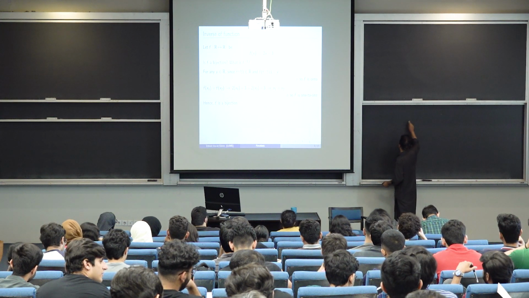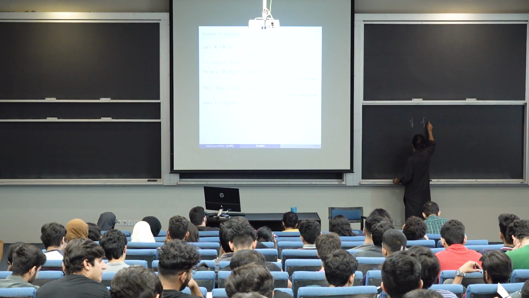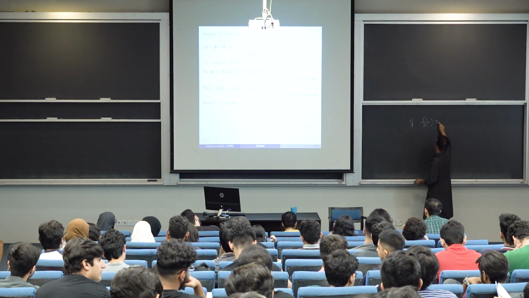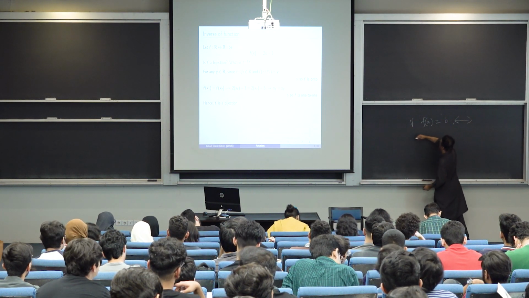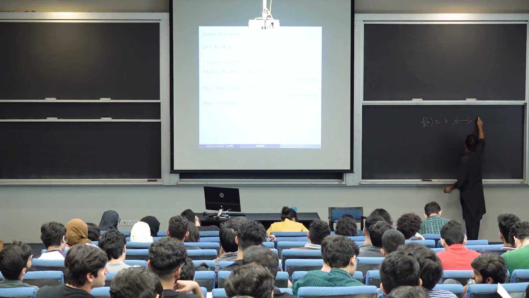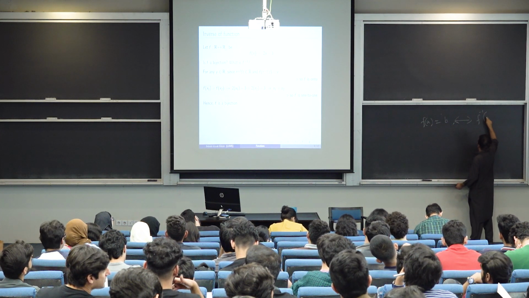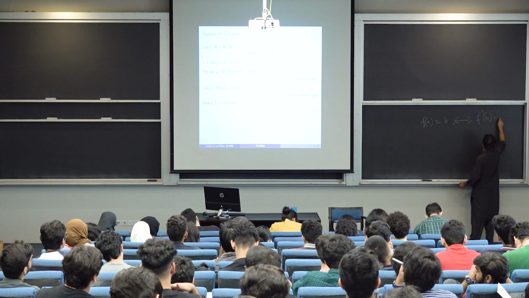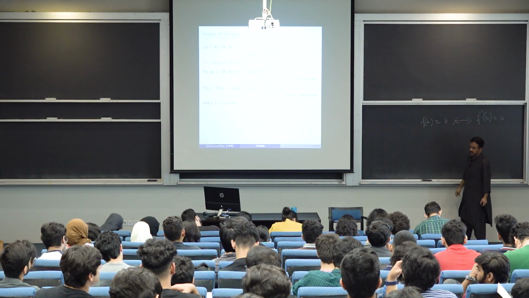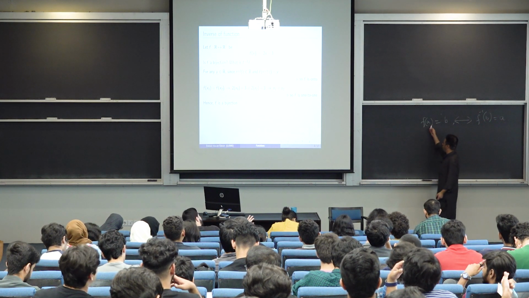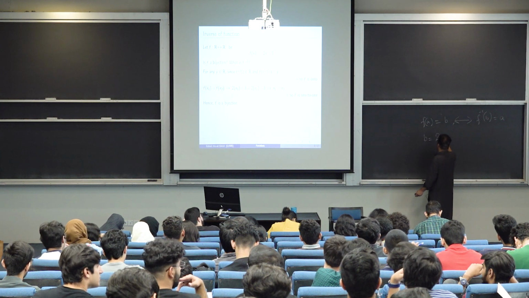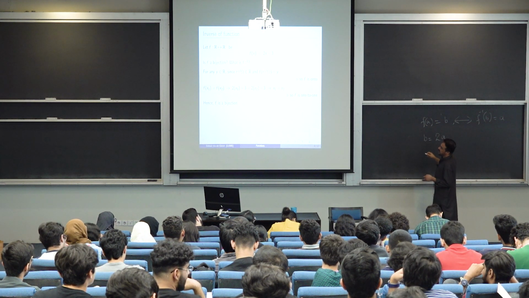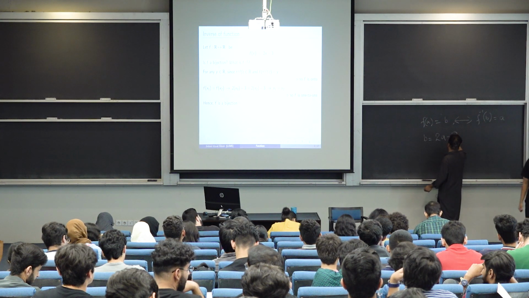If f of a is equal to b, if and only if we want f inverse of b to be equal to a, right. So, let us see, if f of a equals b, that means b is equal to 2a minus 3.